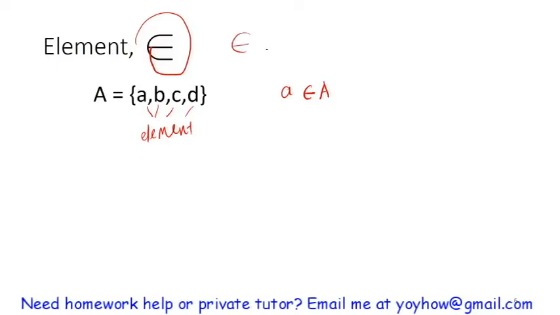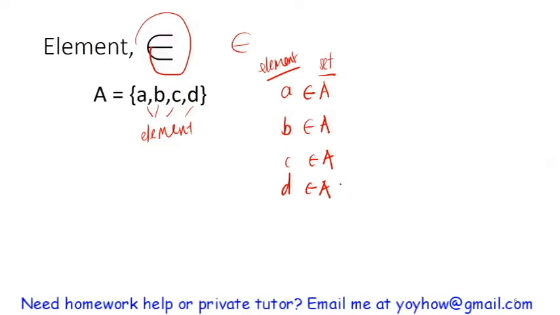B is an element of set A. For this part we write the set, and this is the element. Then we have C, element of set A, D, element of set A also.